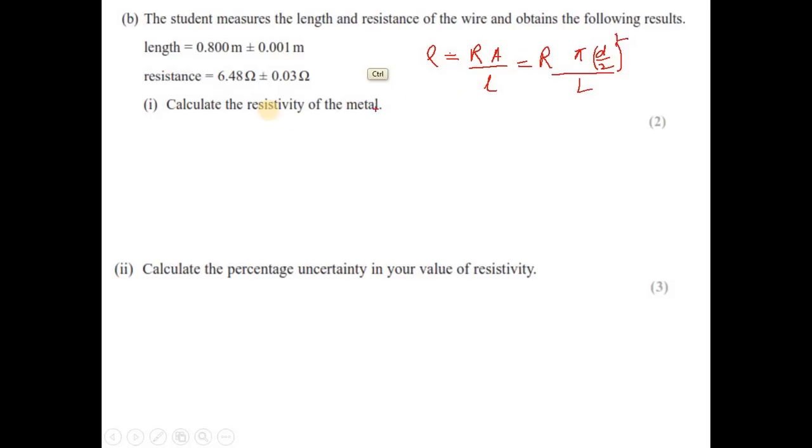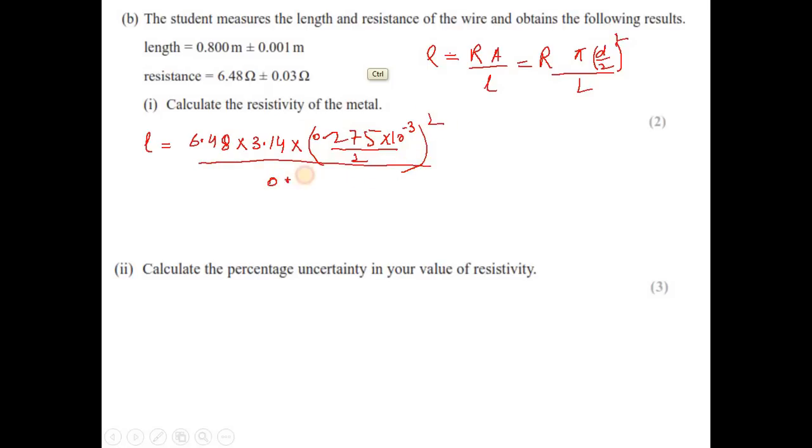So you can just substitute the value. You can do rho is equal to R, R is the resistance, 6.48 times pi, 3.14 times d by 2, and d is 0.275, and remember this was in millimeter, so you need to do 10 to the power minus 3 in meter, divided by 2 whole squared and divided by length, and length is 0.8.